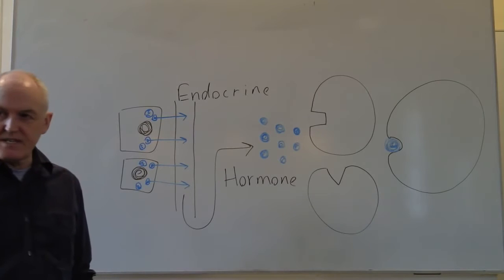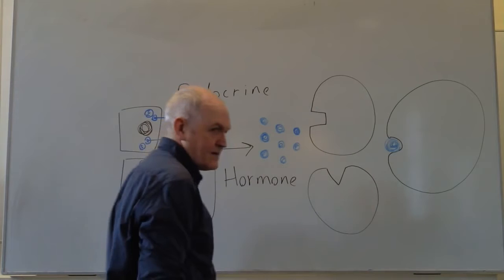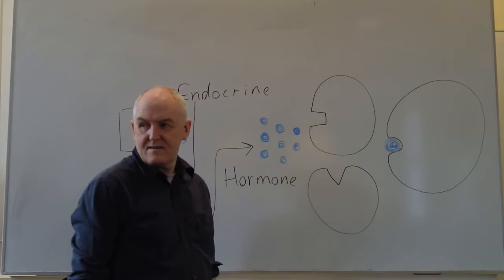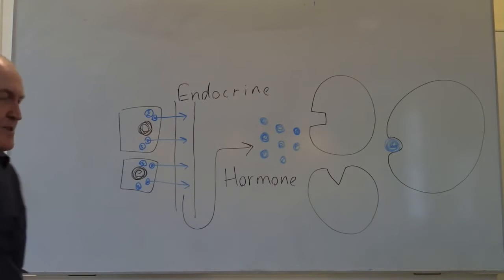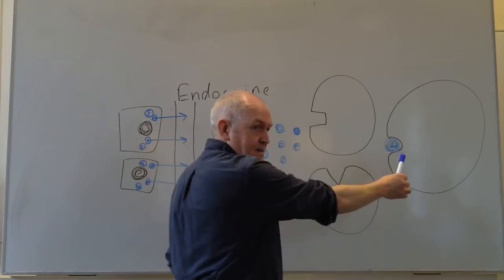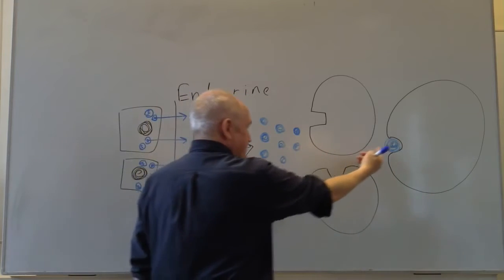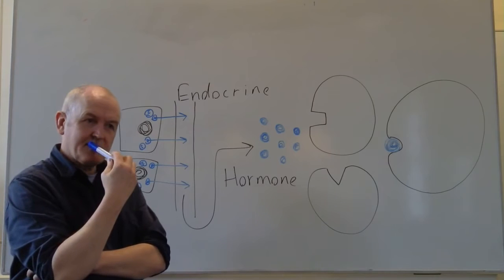And it's a protein, it's a receptor protein. But it's specific. A specific receptor has been engineered by this cell so it can receive this particular hormone, this particular endocrine product.